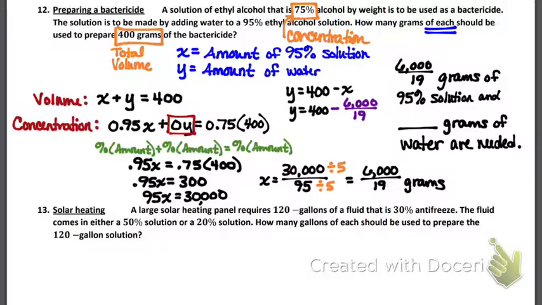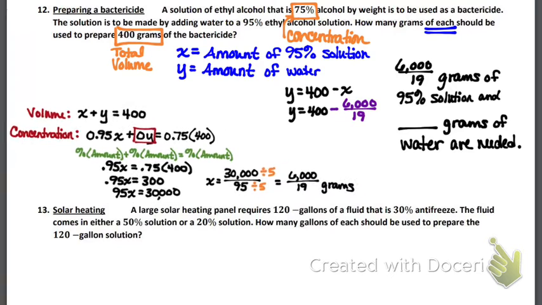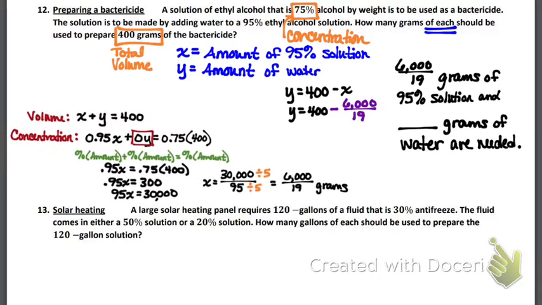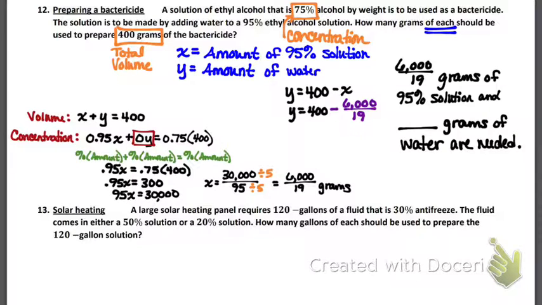That means I'm going to need a common denominator here. What should my common denominator be? 19. So I need to take 400 times 19. That's almost 400 times 20, right?